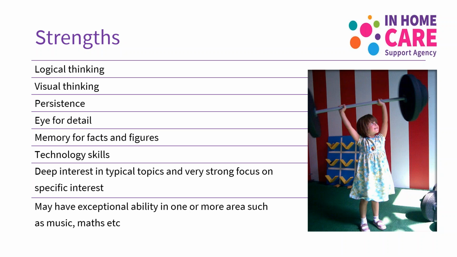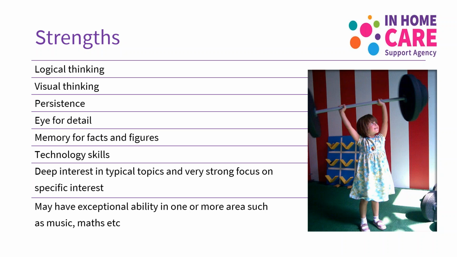Looking at strengths. Areas of strengths and interests vary among individuals and include logical thinking, visual thinking, persistence, an eye for detail, memory for facts and figures, technology skills, deep interest in typical topics, and very strong focus on specific interest.